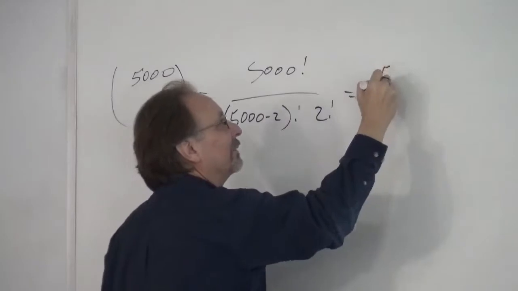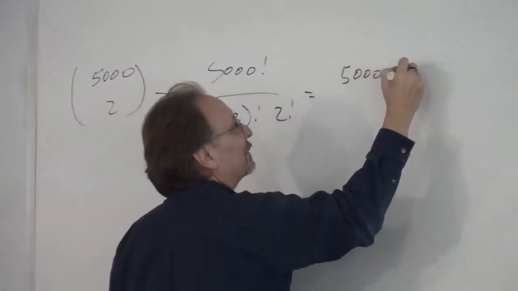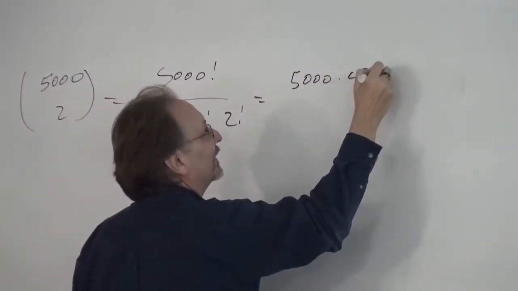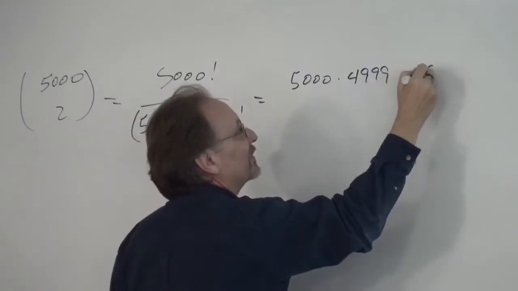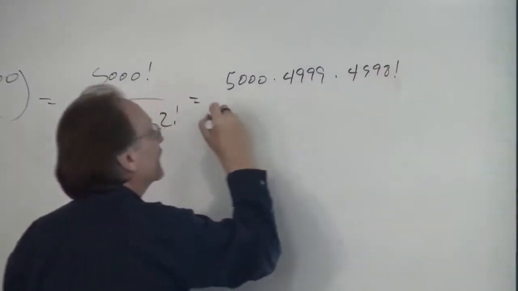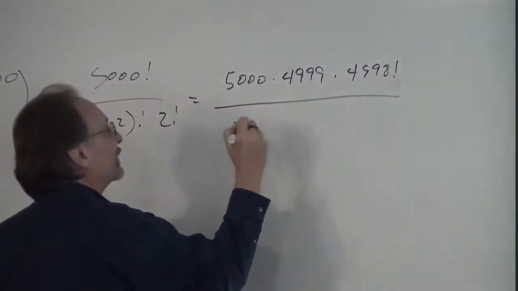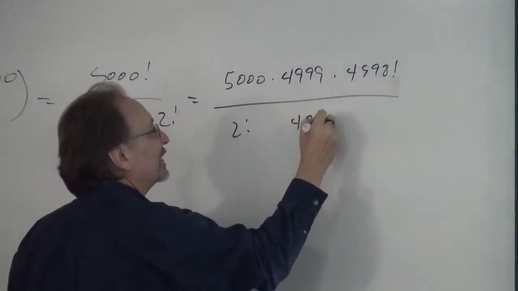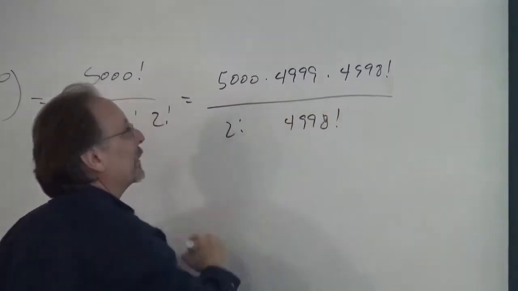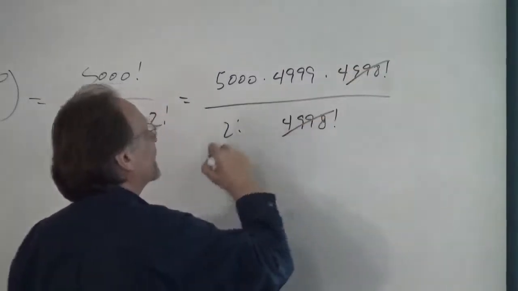So that would be 5,000 times 4,999 times 4,998 factorial over 2 factorial times 4,998 factorial. Those cancel out.